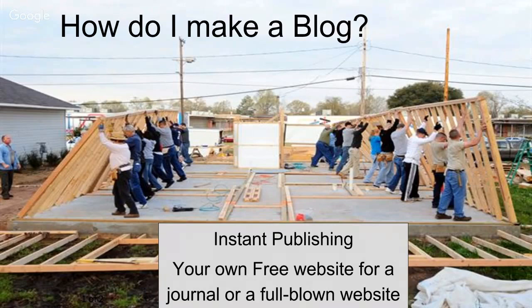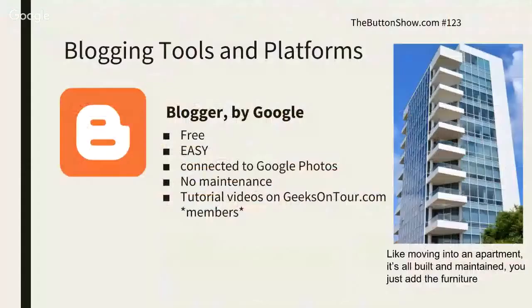It is a website, and it can be very detailed and very complex, or it can be a kit, kind of like these tilt walls. It can be for a personal journal, or it can be a full-blown website. It's known as instant publishing.